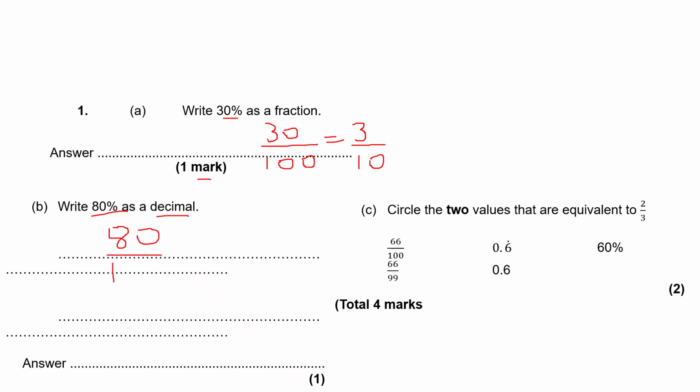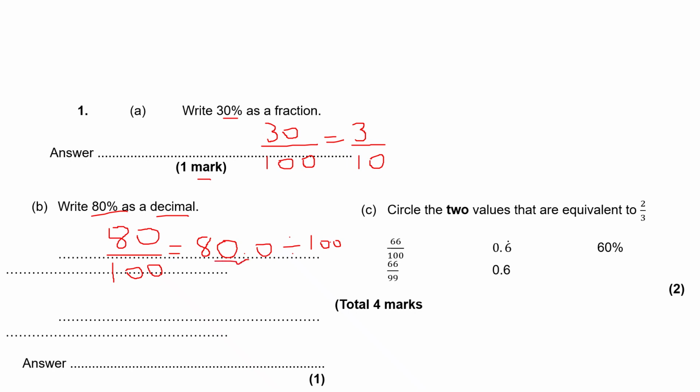Now a fraction, remember that line means a division, so it means 80 divided by 100, and the answer will be 0.8, because the decimal point moves 2 places to the left. Think of it as 80.0 divided by 100. So the decimal point moves 2 places to the left, guys.